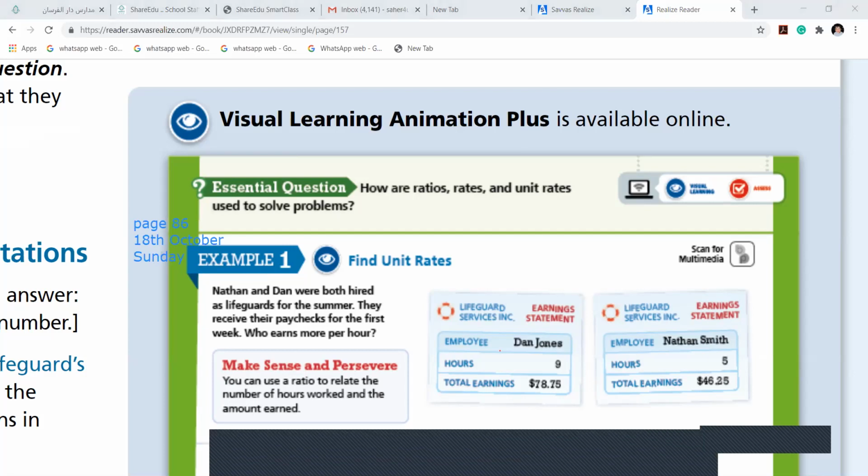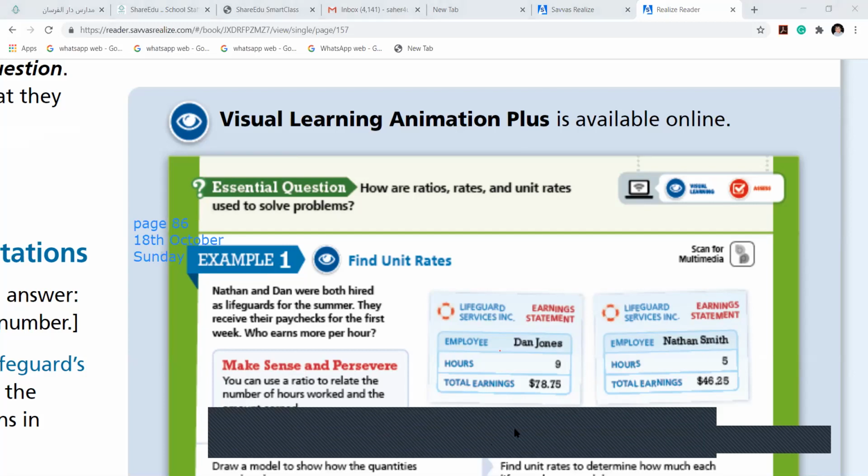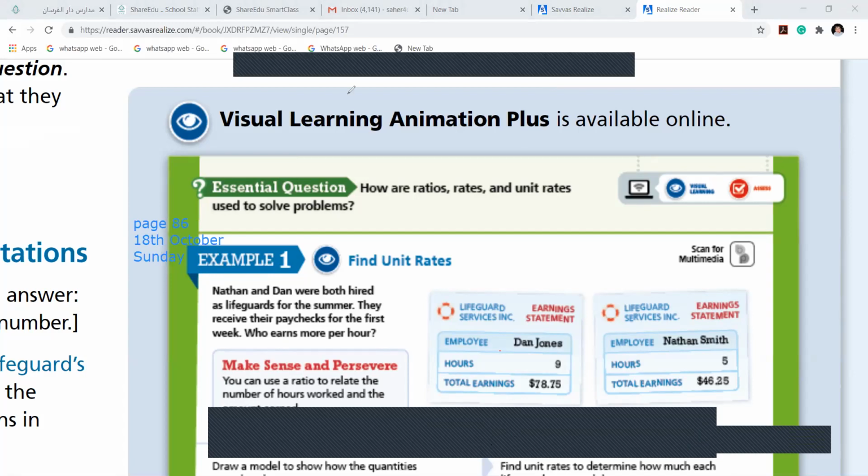Example, I'll give you one simple thing. Maybe I gave 12 chocolates to one girl, and the other girl I gave 3 chocolates. So how many times more did I give?